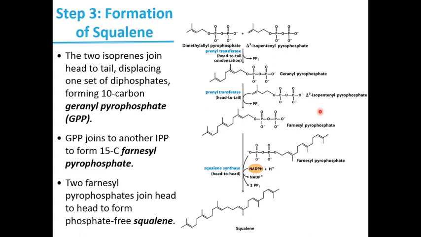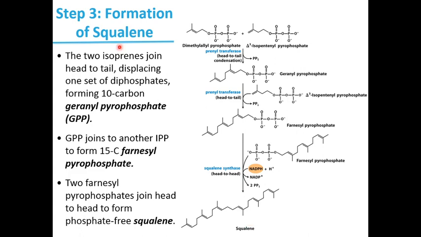Finally, 2 molecules of farnesyl pyrophosphate join head-to-head with the elimination of both pyrophosphate groups to form squalene. Squalene has 30 carbons, 24 in the main chain, and 6 of them, 1, 2, 3, 4, 5, 6, in the form of methyl group branches.